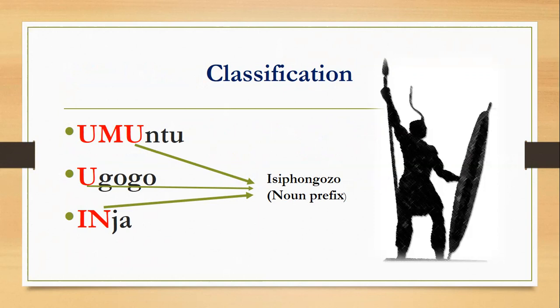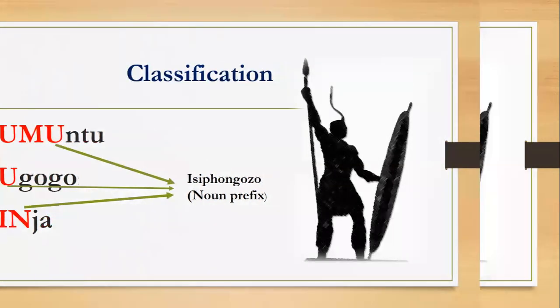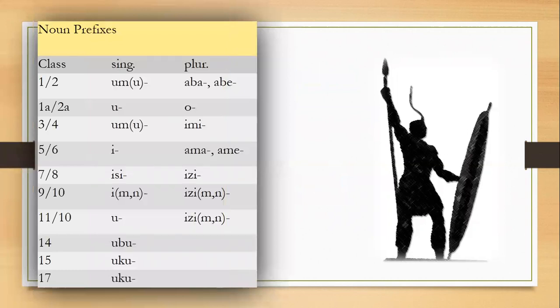Now, a noun prefix is very important because it helps you to identify which noun class this word is, and if you are required, maybe in an exam or in a test, to change the particular noun into plural, then you know which plural prefix to apply.